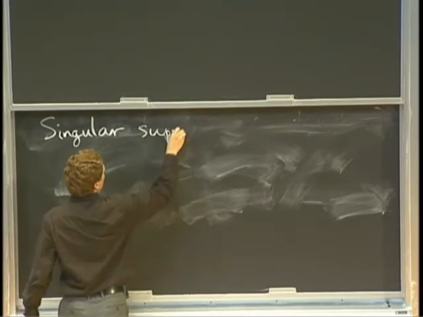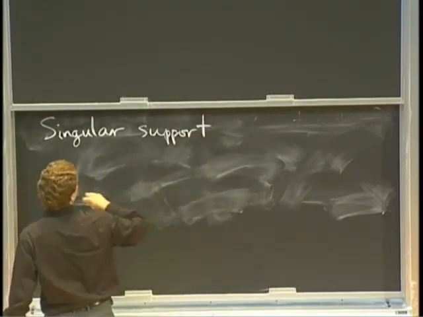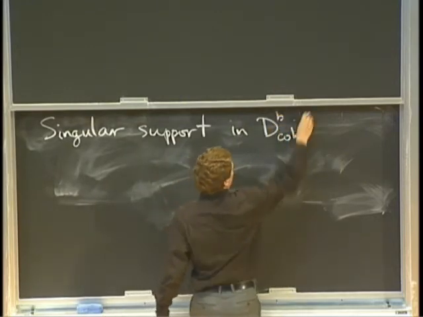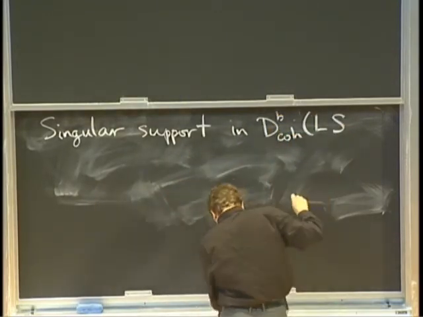So there is singular support in, let me just say, D^b Coh of LS.